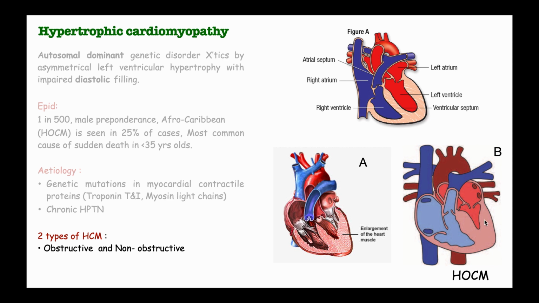So even though there is hypertrophy of the ventricle, the septum is also hypertrophied. So the problem over here is that we are going to have a decreased cavity inside the left ventricle, as well as obstruction to the flow of blood from the left ventricle to the aorta and to systemic circulation.